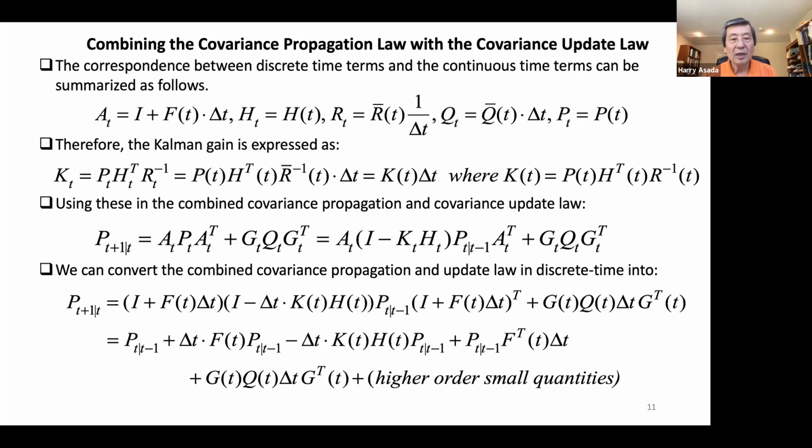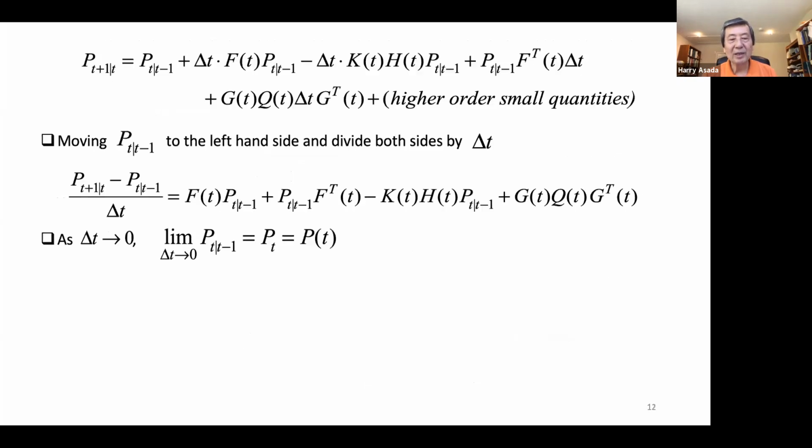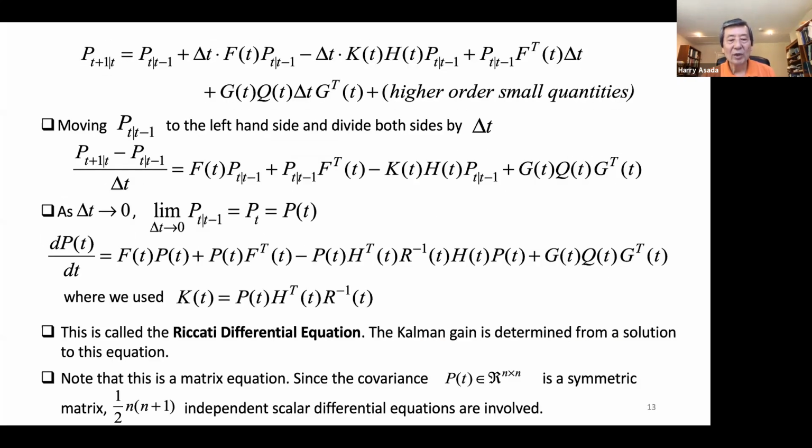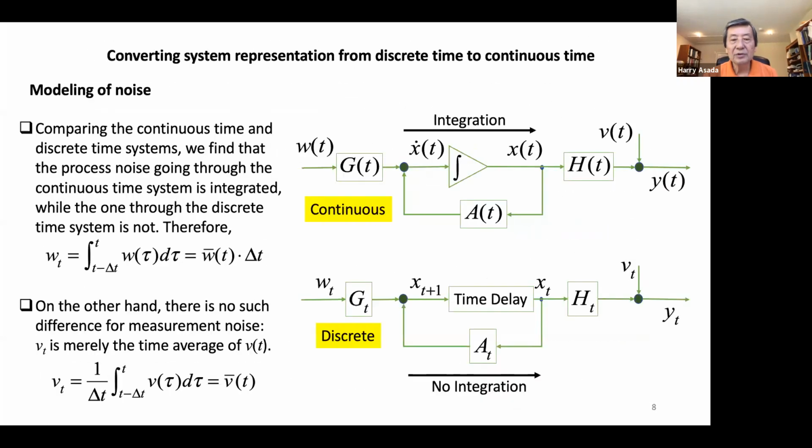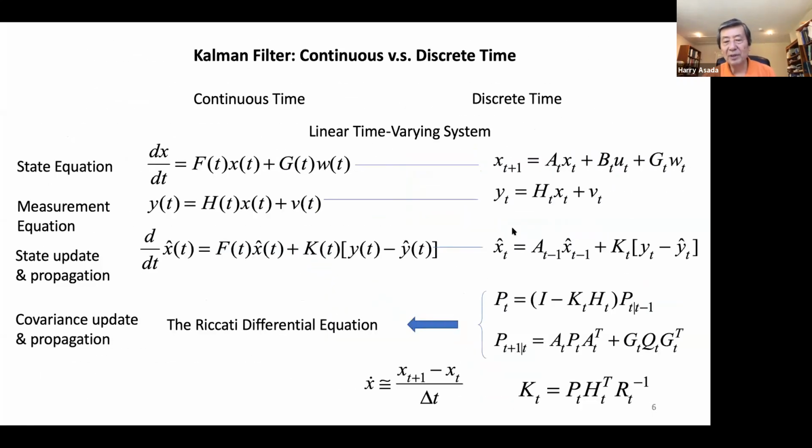In doing so, putting things together, at the end we arrive at this Riccati equation. Maybe I should just show this. Yeah, this one. So this may be the summary. This is almost the same, and it is still combined. We got the Riccati differential equations.